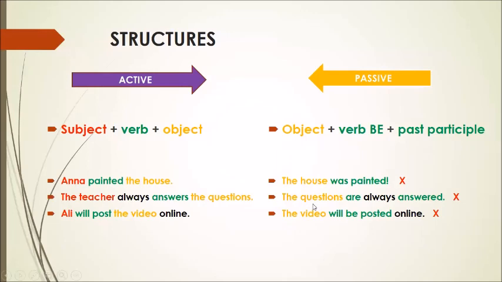The questions are always answered. The video will be posted online. As you can see in each of these passive voice sentences, we have different forms of the verb be. It depends on the tense we are using in our reading.